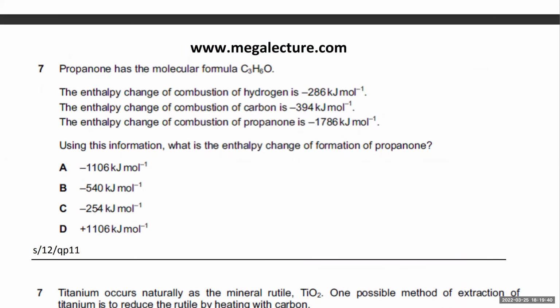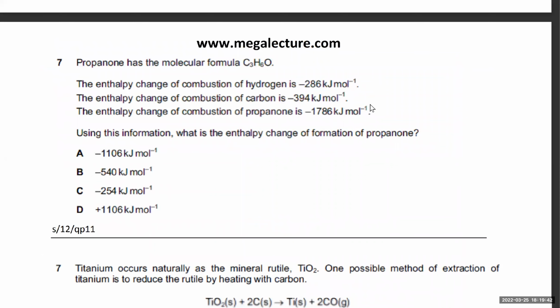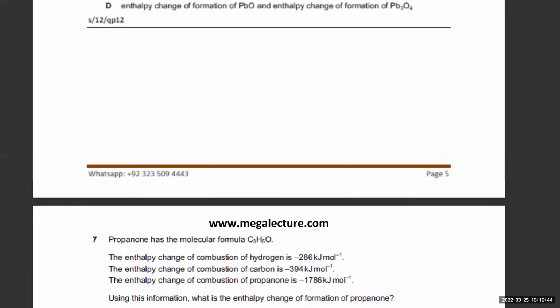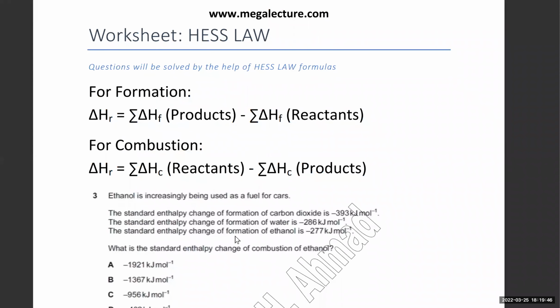So the formula idea is simple. You don't need to draw the Hess cycle. You've got reactants, you've got your products. You can try drawing the Hess cycle, but there's no need for that.